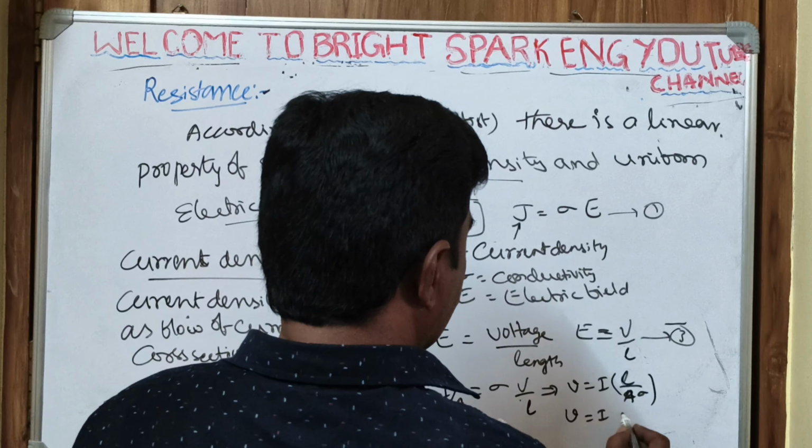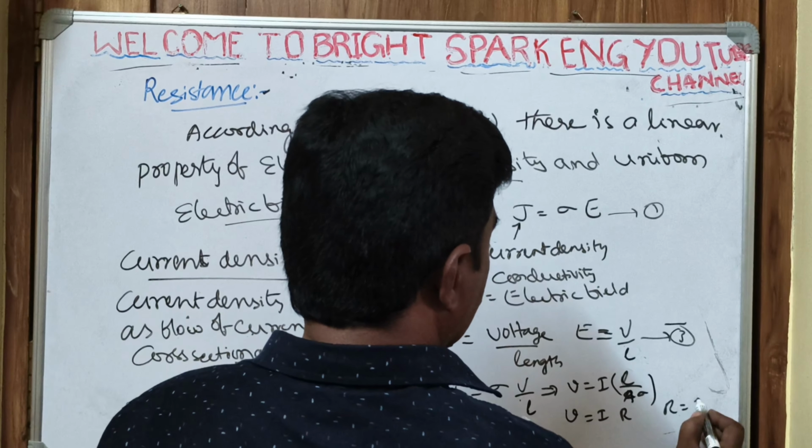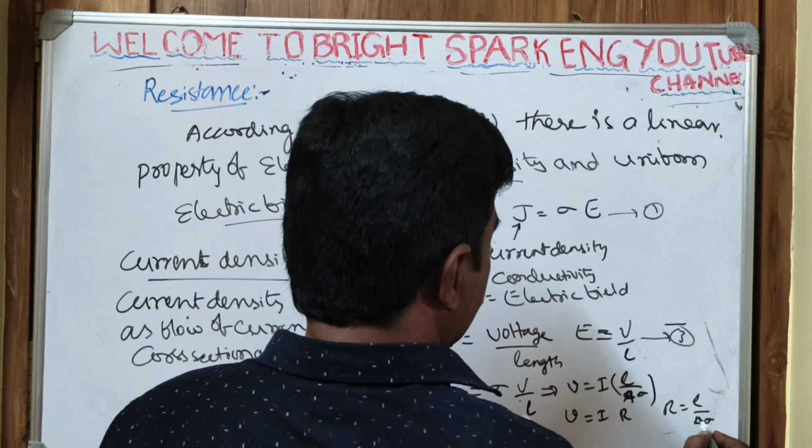V is equal to I into R, so R is equal to L by A into epsilon.